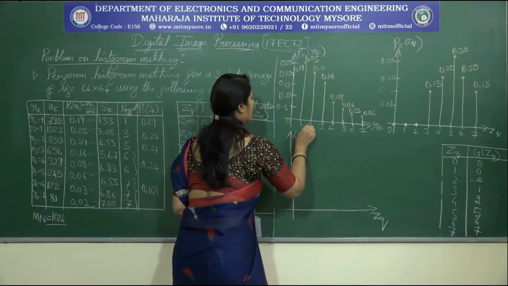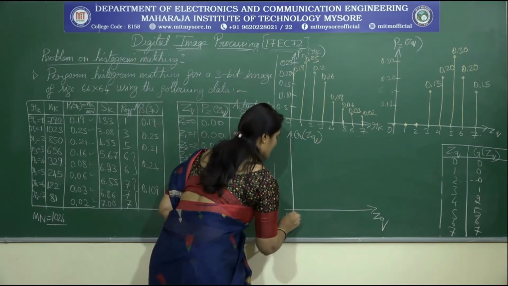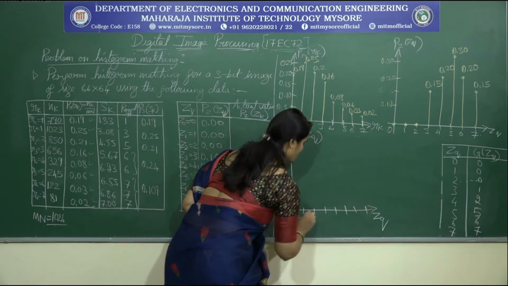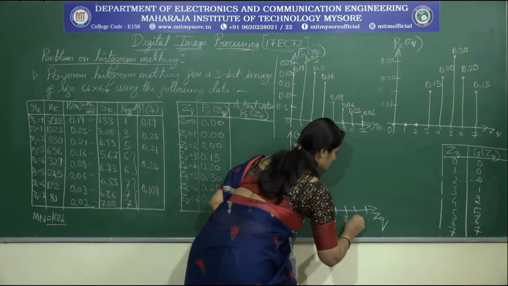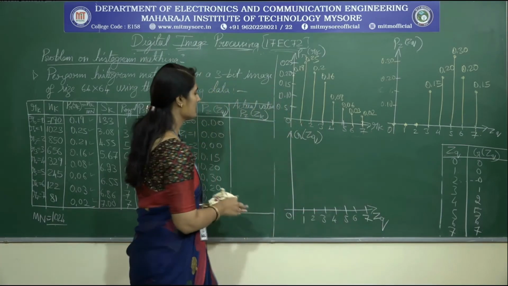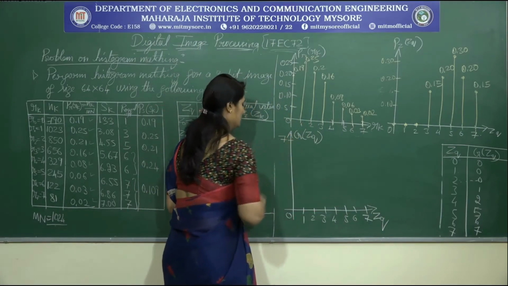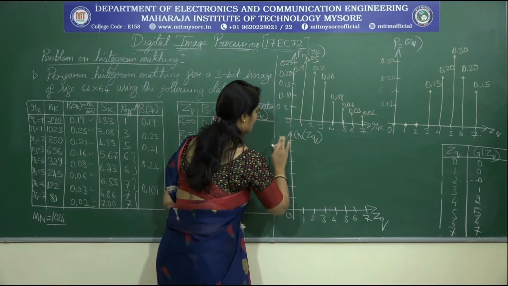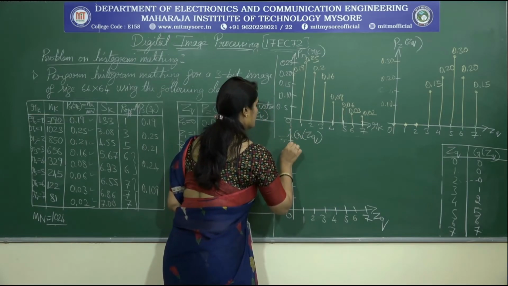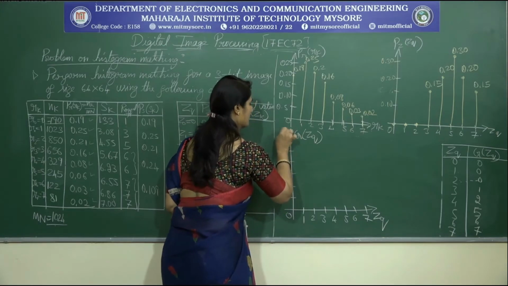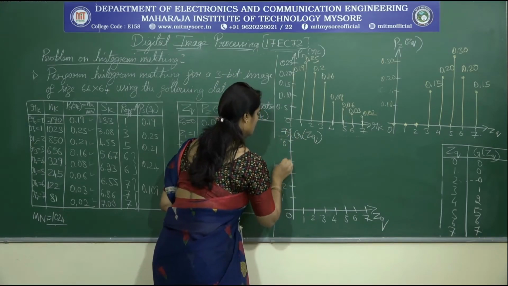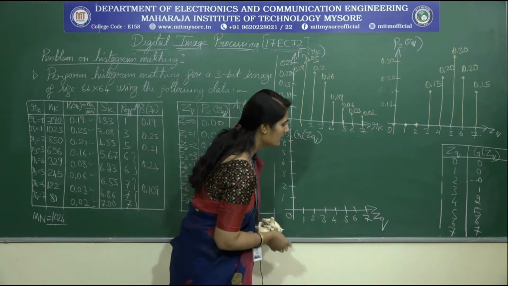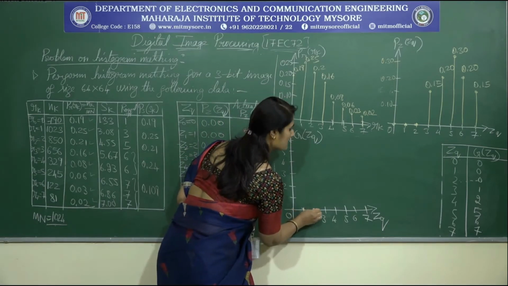zq versus G of zq, 0, 1, 2, 3, 4, 5, 6, 7. So here this is 0, this is 0.